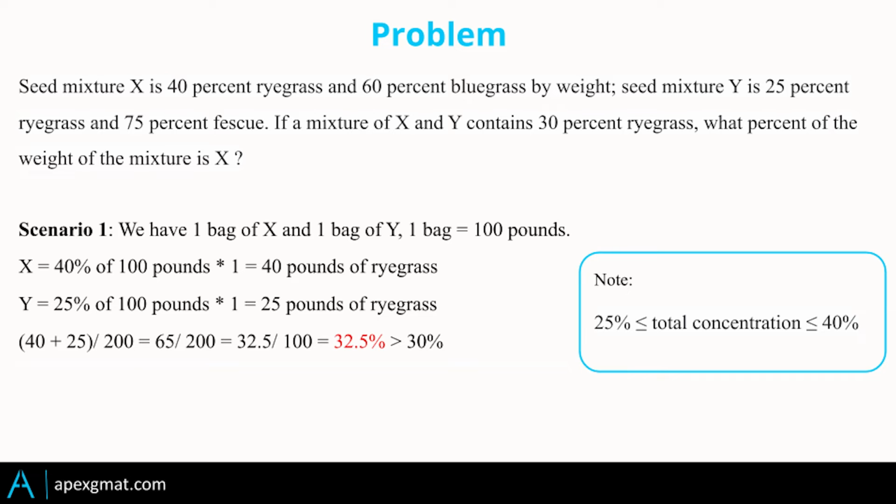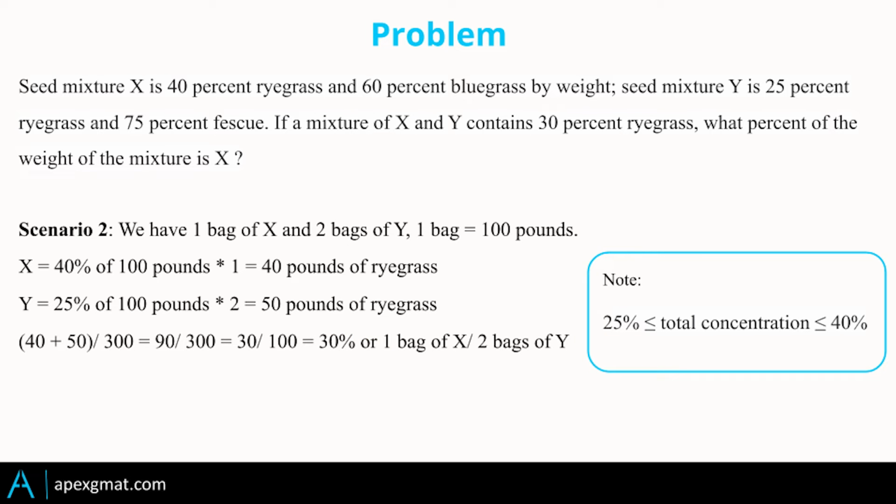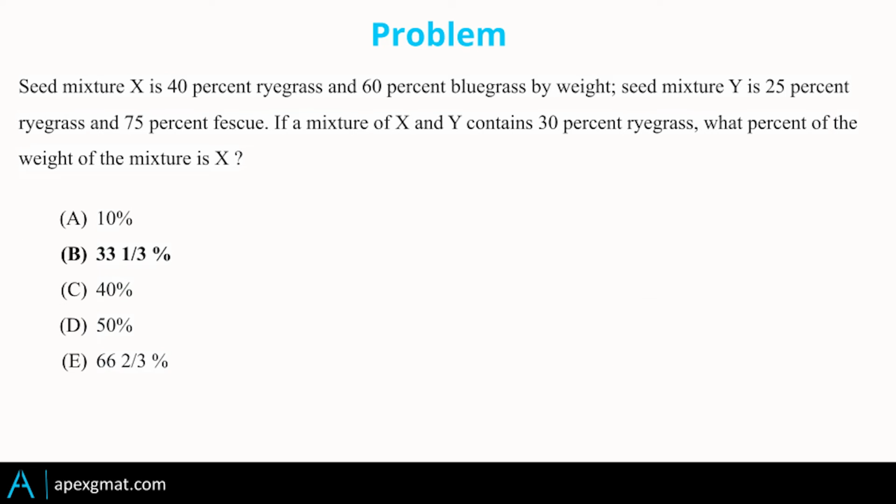We're still too high, we're still above the 30. So let's add another bag of Y. Then we have 40, 25, 25, 90 pounds of ryegrass out of 300 pounds of grass seed. Bingo, 30%. The ratio is one bag of X to two bags of Y. So X is 33% of the mix, 1/3 of the mix, Y is the other 2/3. And that brings us directly to our answer choice of B.